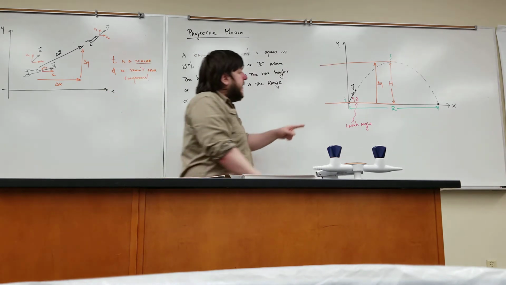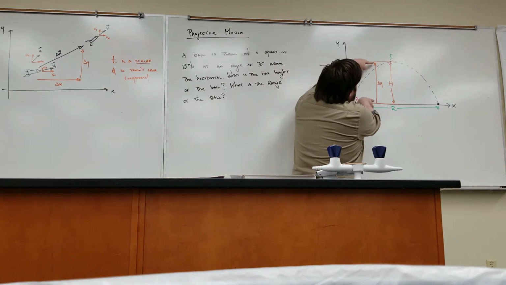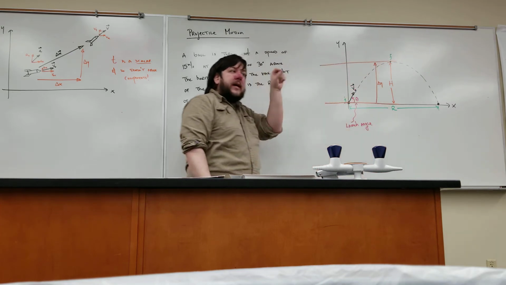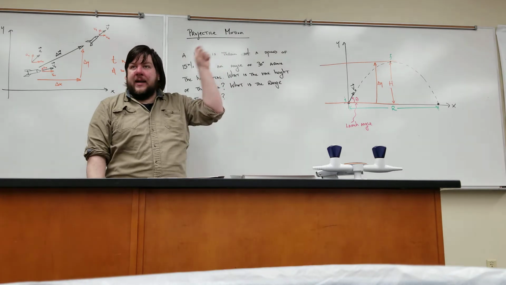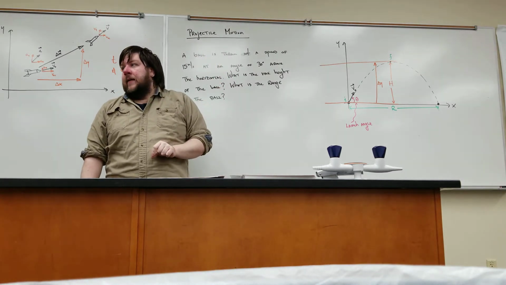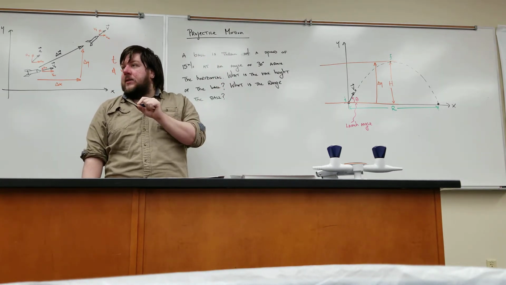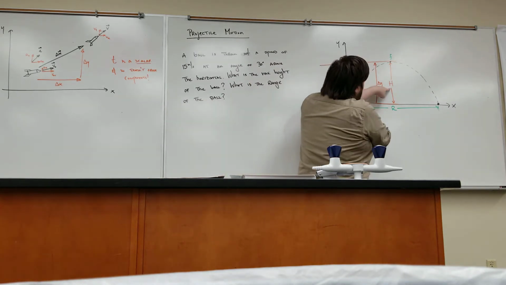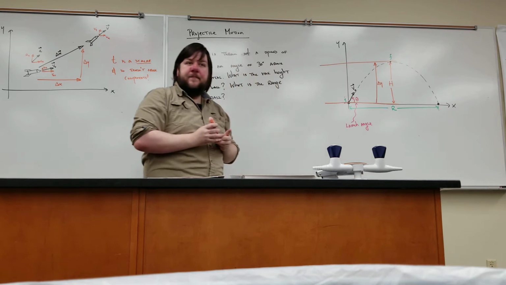Just look at the length of this arrow. The length of this arrow is clearly equal to the maximum height, but only if you put the final point at the peak. If you put the final point anywhere else, then that arrow is going to be shorter than the maximum height.